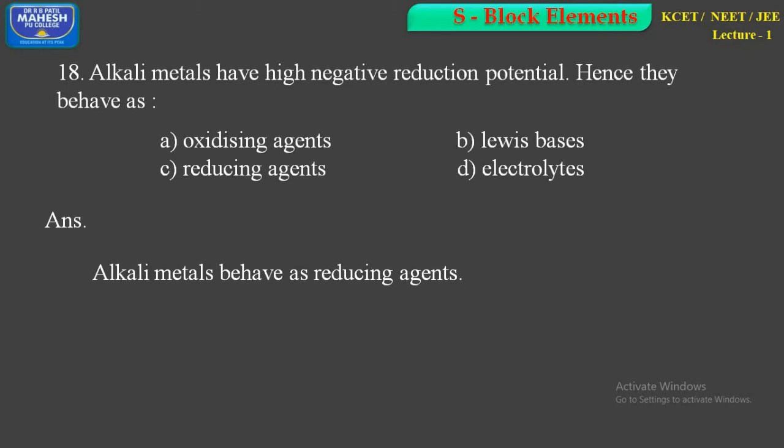This brings about reduction of the reactant, whereas they themselves undergo oxidation. So students, alkali metals act as reducing agents. So option C is the right answer. Reducing agents are the chemical substances which bring about reduction but themselves undergo oxidation.